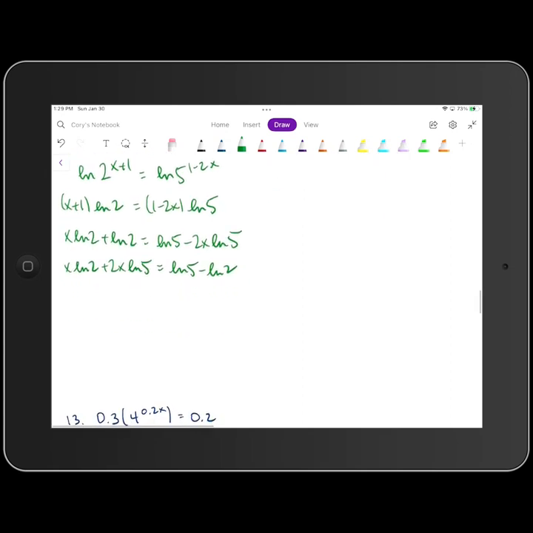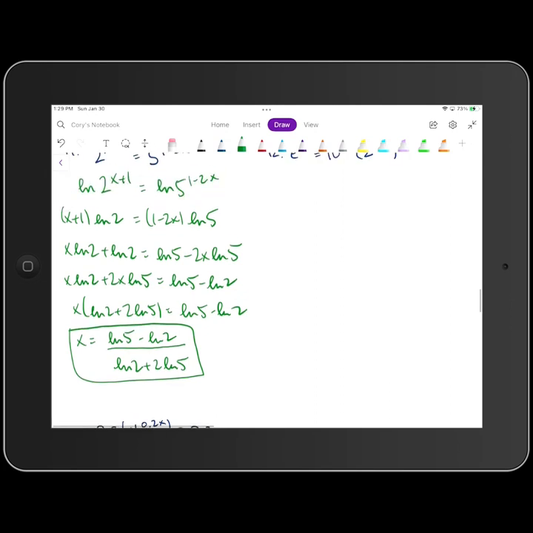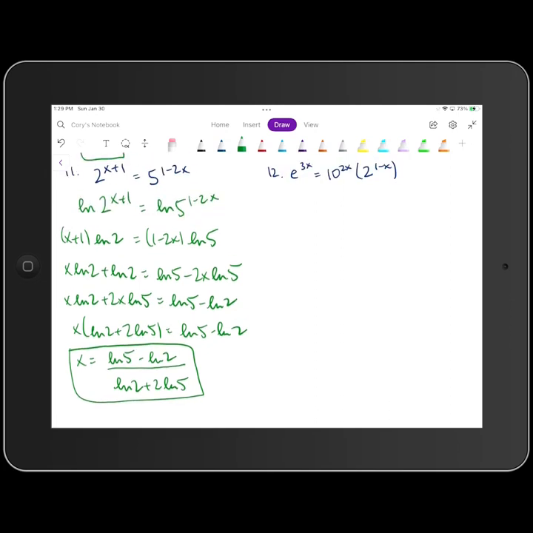And then I can factor an x out of the left-hand side and then divide. So we get x equal to the natural log of 5 minus the natural log of 2 over the natural log of 2 plus 2 ln of 5. Okay, and that's going to be your solution for that equation.